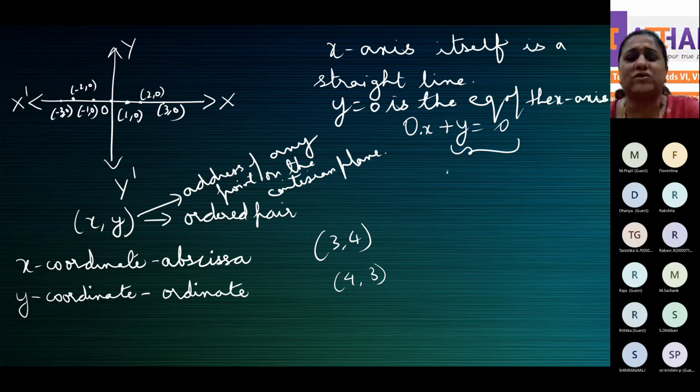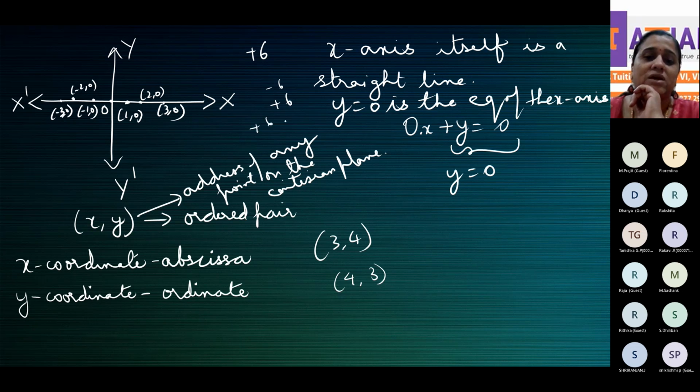But we normally say y is equal to 0. So when it's given y is equal to 0, you should understand that they're treating it as a linear equation in two variables x and y. It's understood. It's like when we write 6, it is plus 6. You won't ask if it is minus 6 or plus 6. We don't write plus 6, but if you write 6, you understand it is plus 6. When we write the radical sign over 5, you know it is the square root of 5. You will not ask if it is the square root or the cube root, because when you use the symbol, it's understood there's a 2 there, but we don't write it. For the cube root of 10, you have to write the 3.